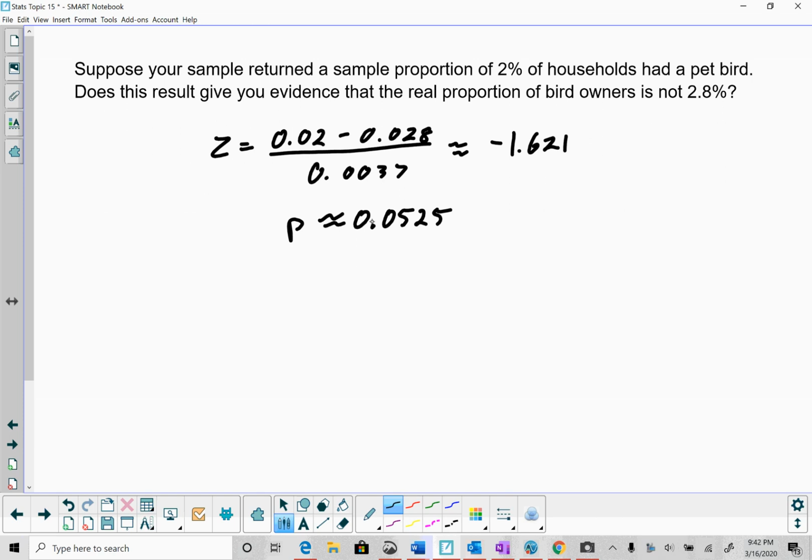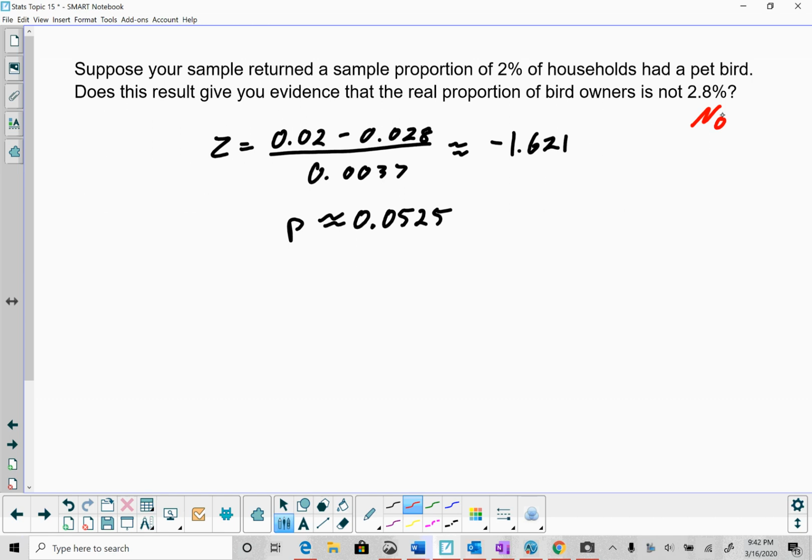Does that mean it's impossible? No. I mean, we got something that was greater than 0, so it's possible. Does this mean that it's likely to happen by statistical variability? Well, I wouldn't say likely, but it'll happen more than 5% of the time. Does this result give you evidence that the real proportion of bird owners is not 2.8%? No, I don't think it does.